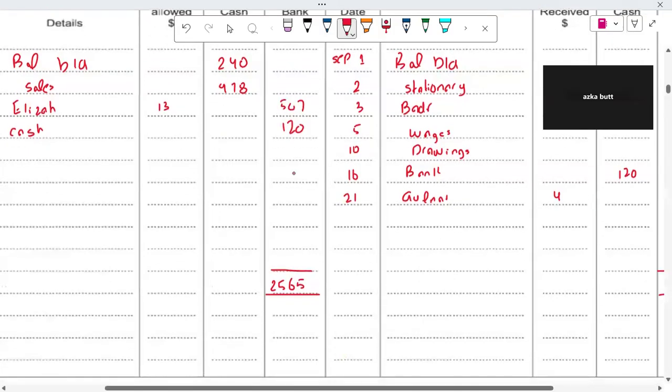Okay, so 507 and 120, just deduct the 507 and 120 from the 2565. Once again, 2565 minus 507 minus 120.